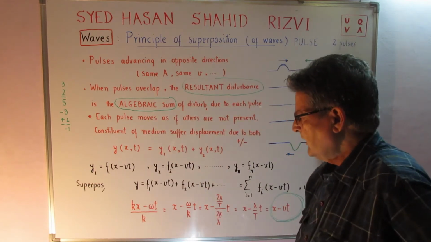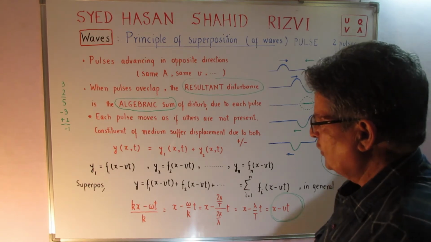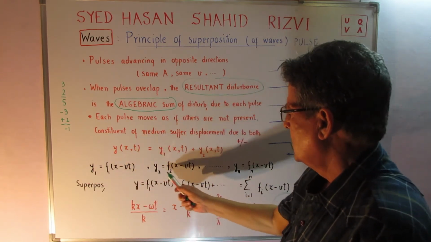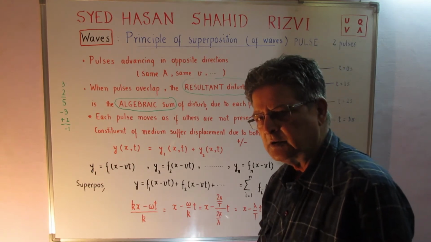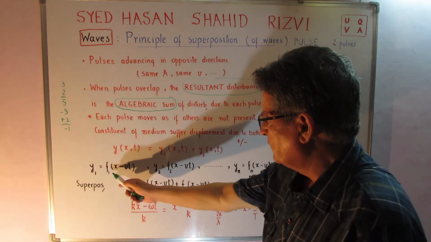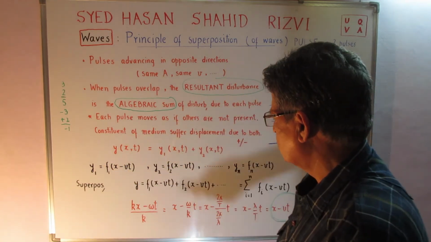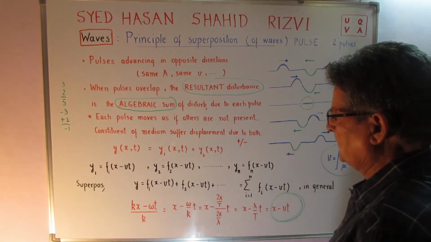Okay. So I can write, if there are so many of them, these disturbances are present together. y1 is equal to function 1, y2 is equal to function 2, yn is equal to function n of x minus vt.